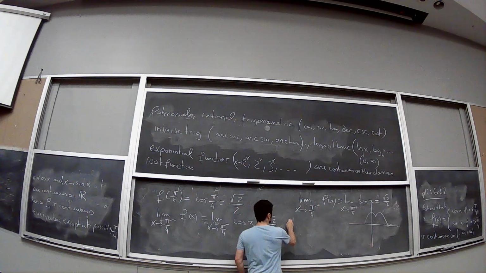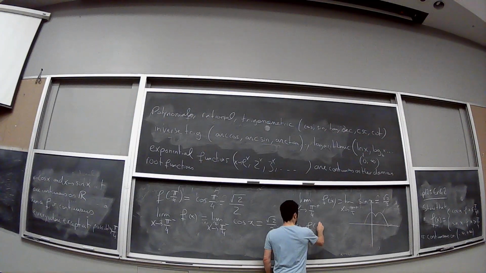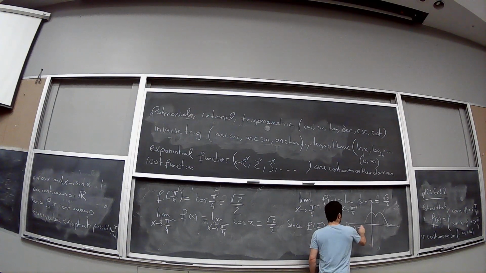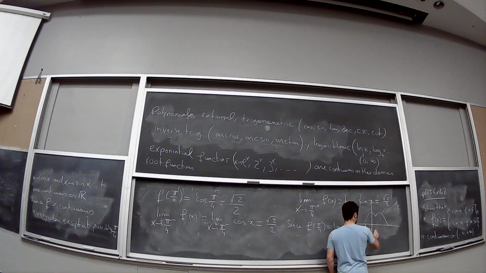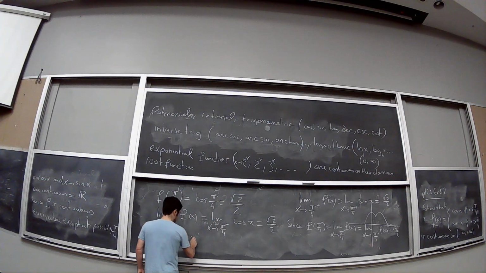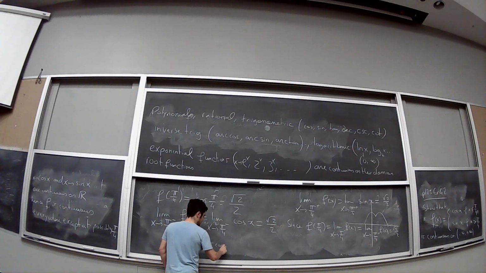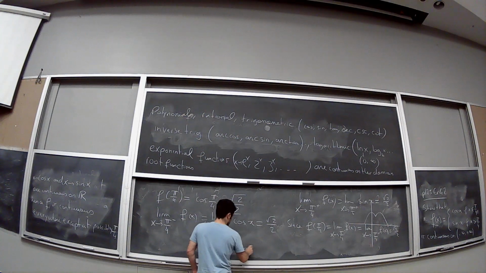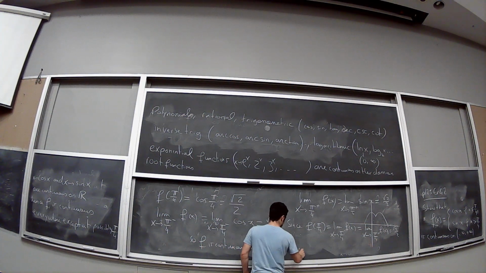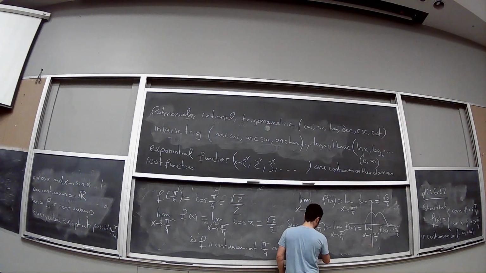Since f of 5/4 is equal to root 2 over 2, f is continuous at 5 over 4, and hence on minus infinity. Okay, great.